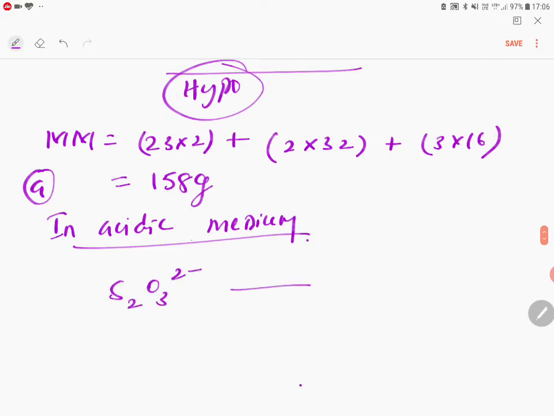In acidic medium, thiosulfate ion gets oxidized to tetrathionate ion. S4O6 2 minus is called tetrathionate. So therefore, calculate the oxidation state.